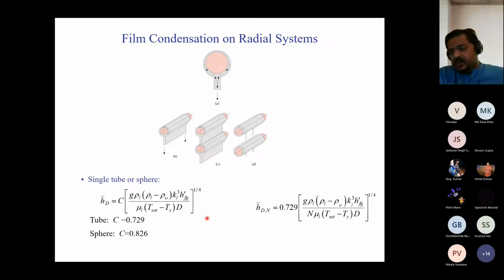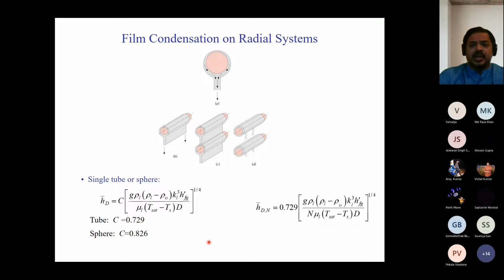For a vertical plate, we saw 0.943. If it's a cylinder or a tube, it's 0.729. If it's a sphere, it's 0.826. So this coefficient changes; otherwise, the expression is very similar for vertical plate, cylinder and sphere.